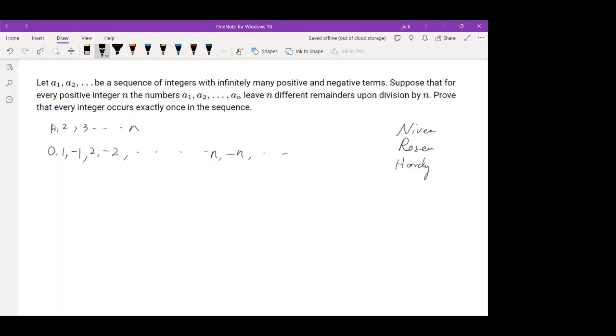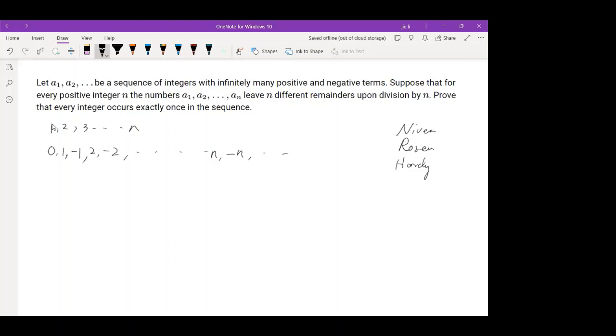So to prove it, you have to show that each number shows up exactly once. And to show it shows up exactly once, naturally, you can use proof by contradiction.